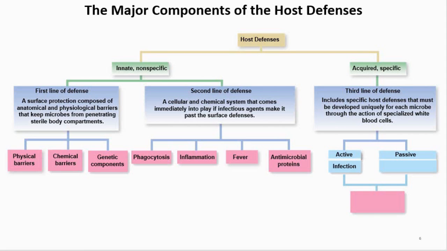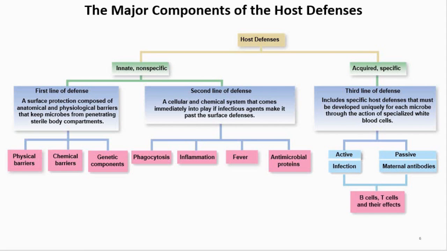You actually get exposed to it. And by the way, these can be artificial as well, such as in a vaccine. We'll get to that at the end of chapter 13. Or you can get them passively, and this would be from maternal antibodies, either through the placenta or through the breast milk, which would be IgA and IgG for those.